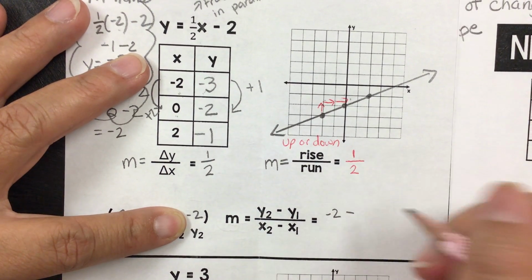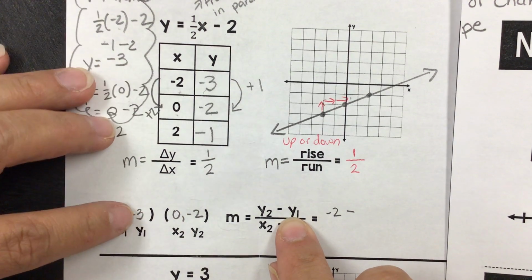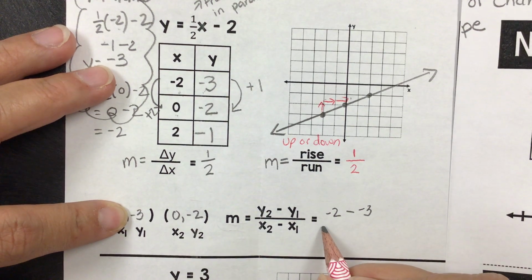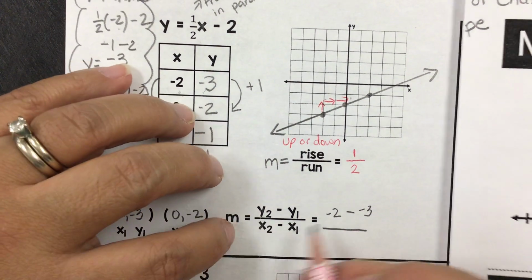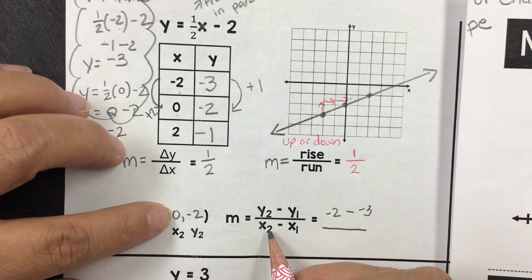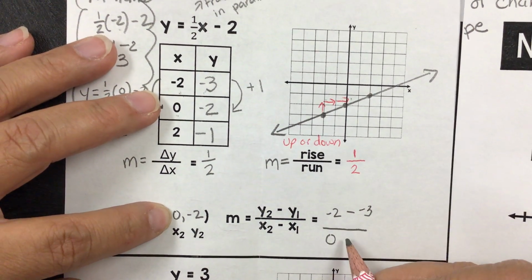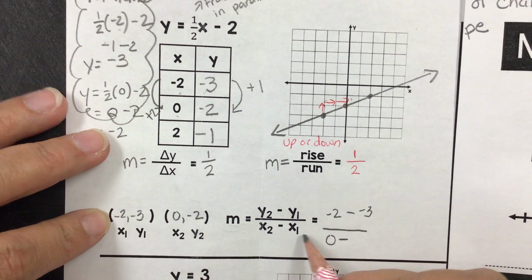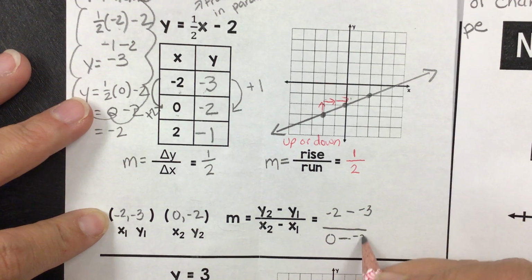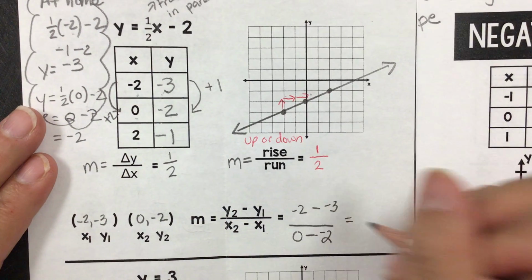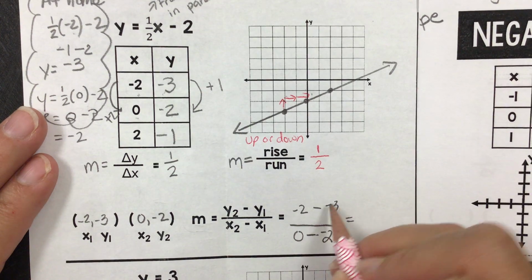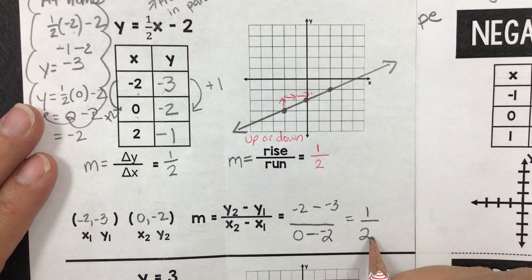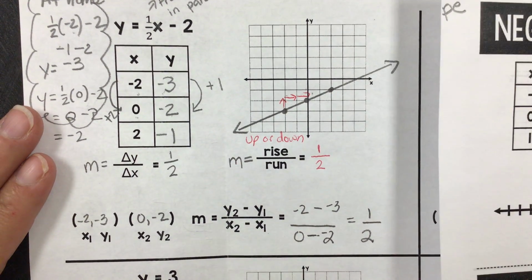So there's the minus sign, from y1, which is over here, -3, divided by x2, which is 0, minus x1, which is -2. -2 minus a -3 becomes a 1. 0 minus a -2 is a +2. And we have the same thing: the slope is 1/2.